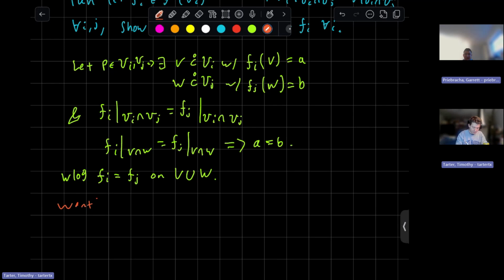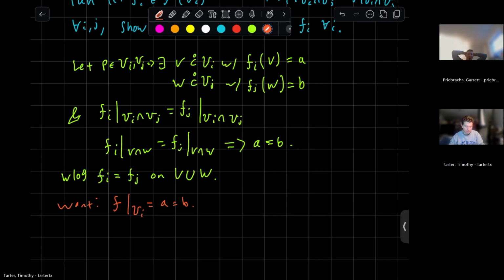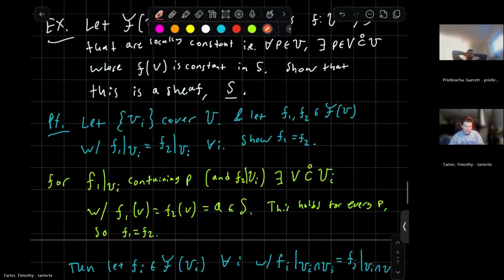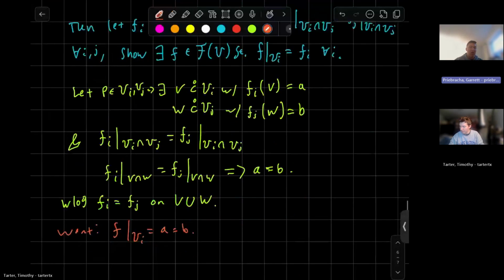Well, F restricted to UI is equal to A is equal to B, for all I, remember that. Oh, that's very true.